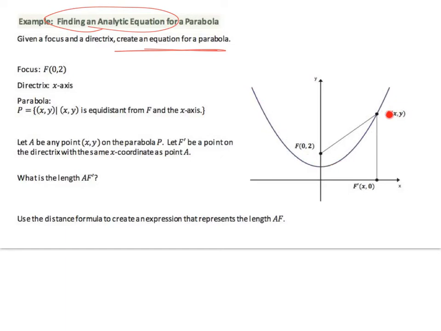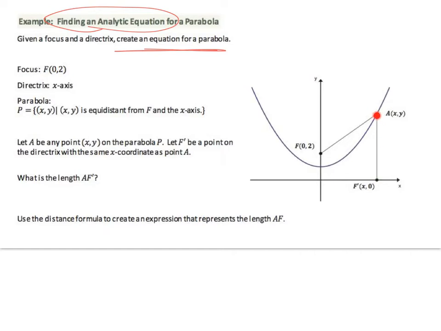It's an example here where the ordered pair is equidistant from the focus and the x-axis. Let A be any point (x, y) on the parabola P. Let F prime be a point on the directrix with the same x-coordinate as A. What is the length of AF prime?